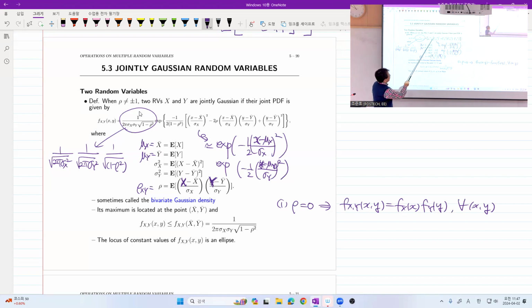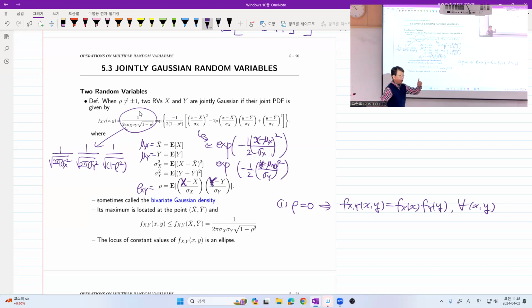And also it touches 0 when x equals the mean of x and y equals the mean of y. So as you see here, the joint density is upper bounded by the joint density evaluated at the mean of x, comma, mean of y. So you have a bell curve again.